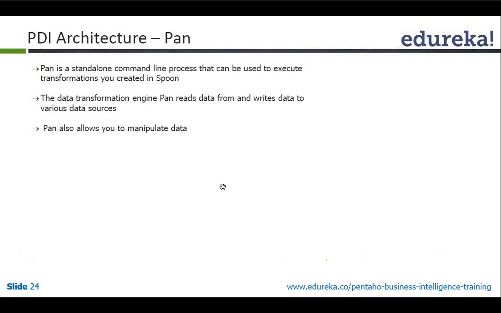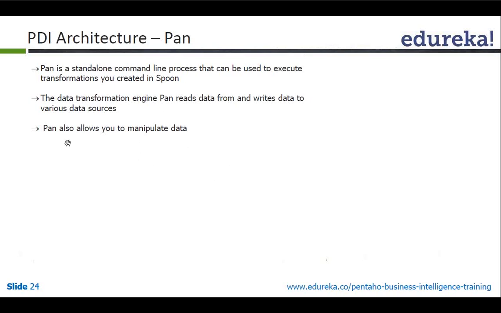PDI architecture. The next component of PDI architecture is Pan. We have seen Pan is a standalone command line utility. It is used to execute transformations you created in Spoon. The data transformation engine reads the data. At runtime you can also pass parameters. It will write the data to various data sources.